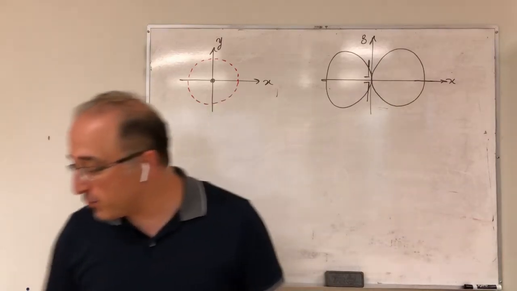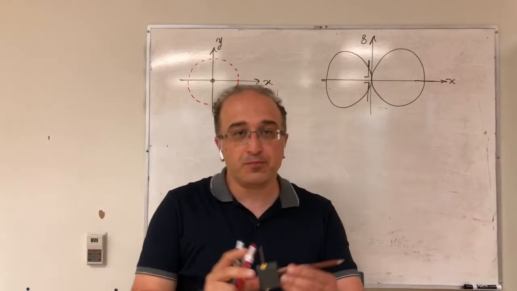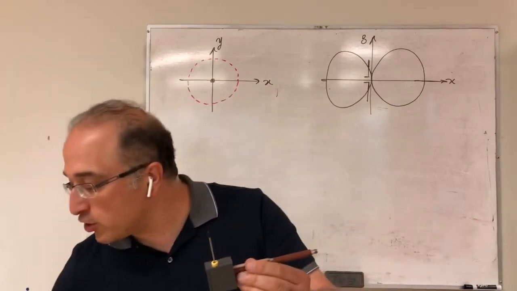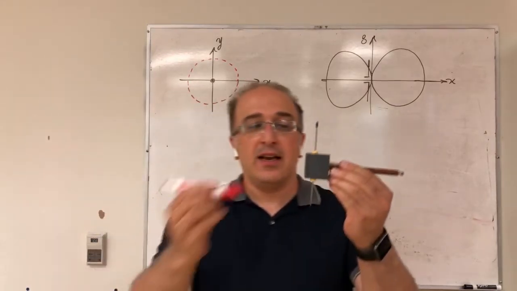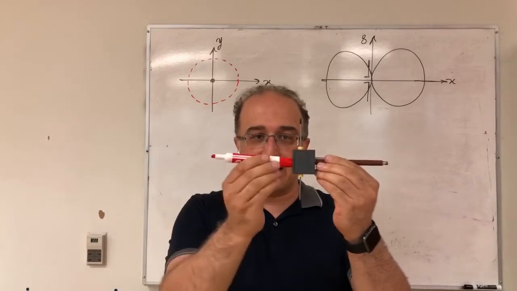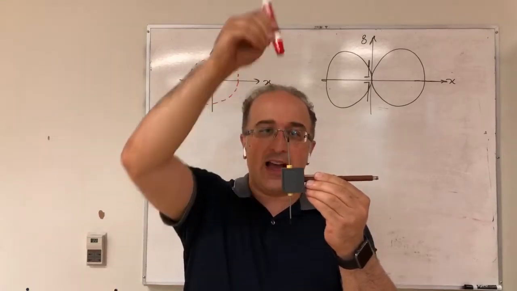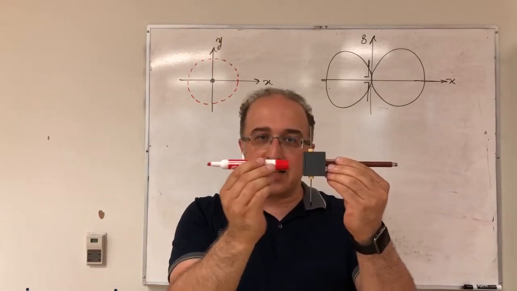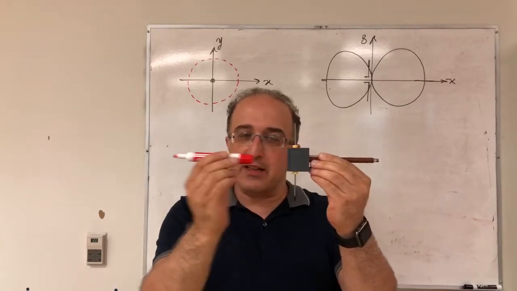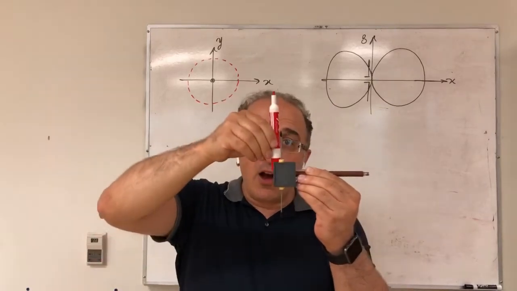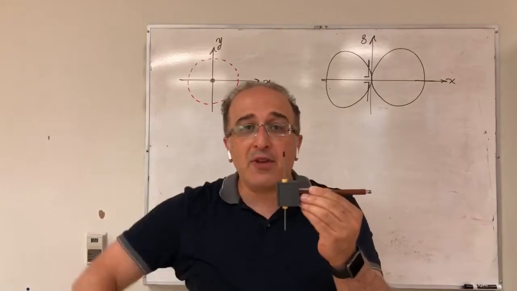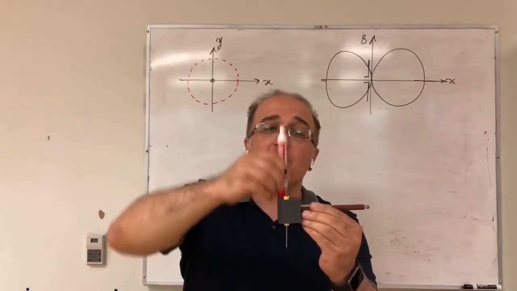So if I bring this antenna again, so what I showed you here was x is this x-axis and this is z-axis. So along the x-axis you have your maximum radiation, but then along the z-axis you don't have any radiation. You essentially have null.